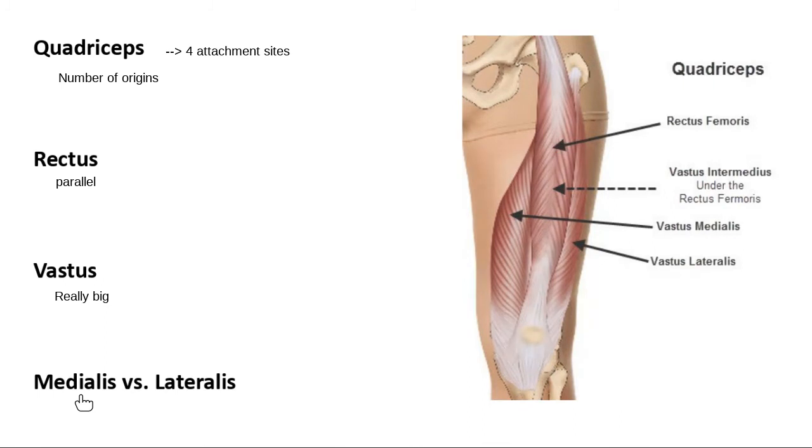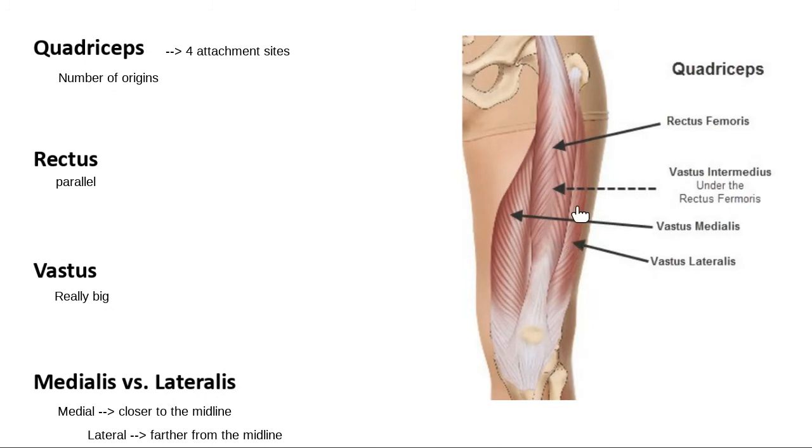What does that directional term medial mean? Yeah, medial means closer to the midline. Absolutely. So lateral is going to mean farther from the midline.